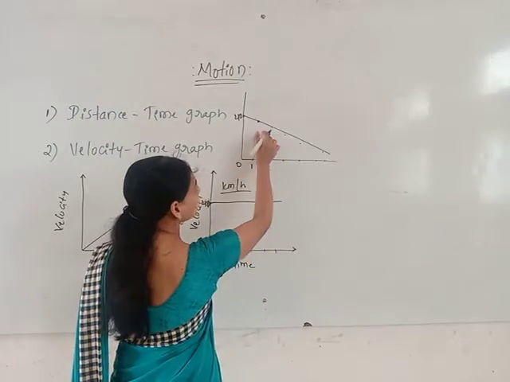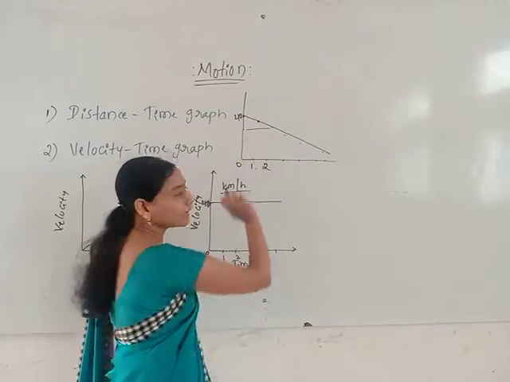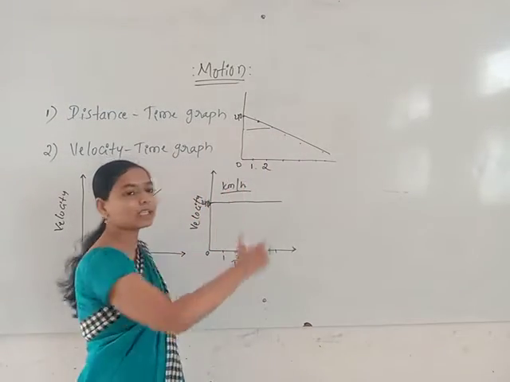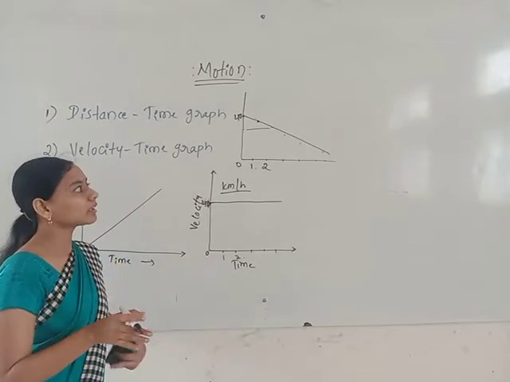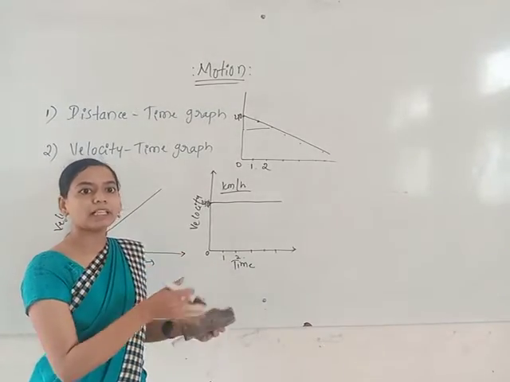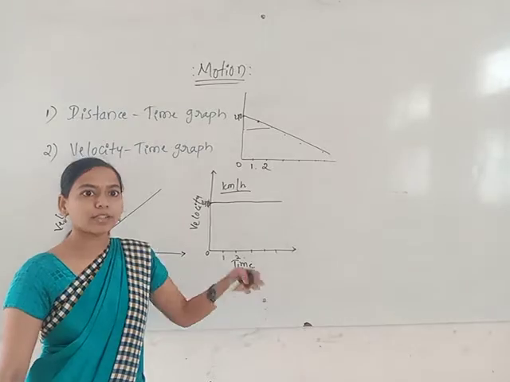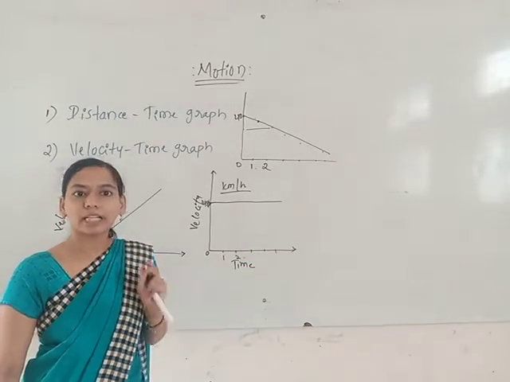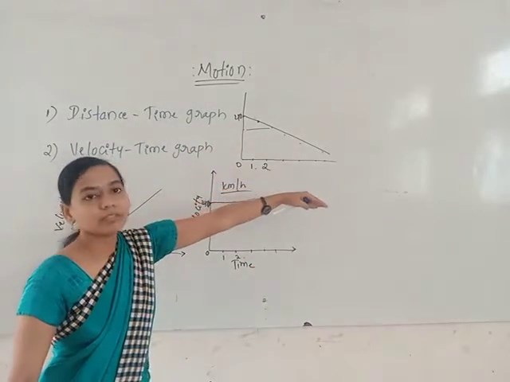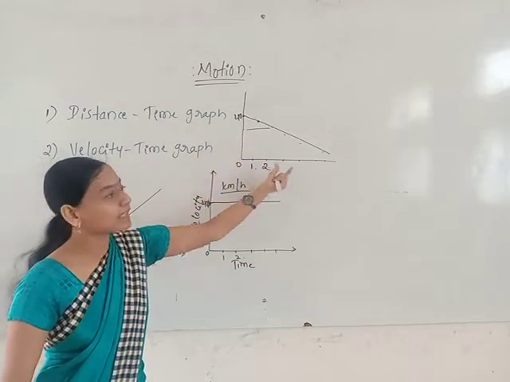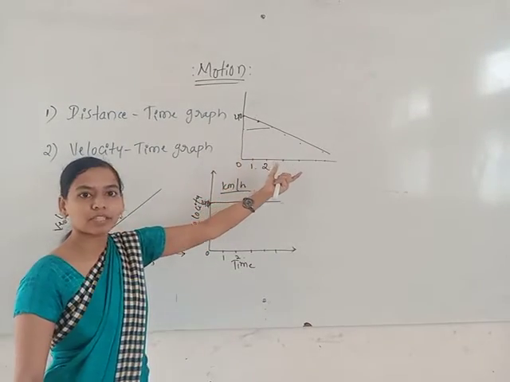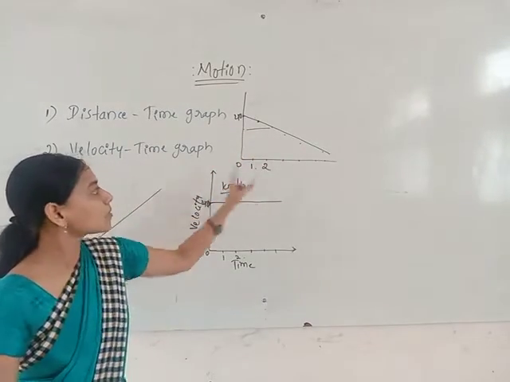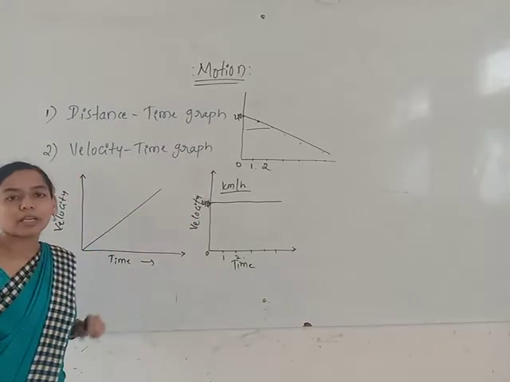After 2 hours it comes to 30 km per hour, because it goes on decreasing. Whenever you are going at speed and you reach the destination, you slow down the car. That time the velocity decreases. This is the retardation or negative acceleration. These three types of graphs come under the velocity time graph.